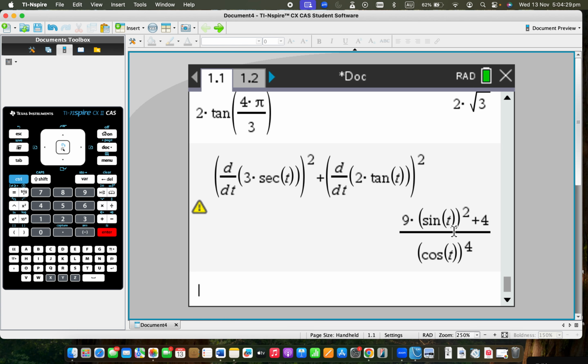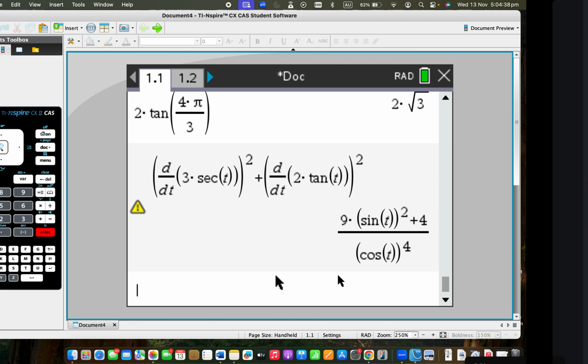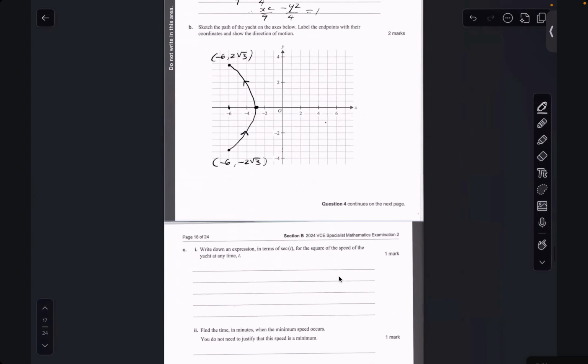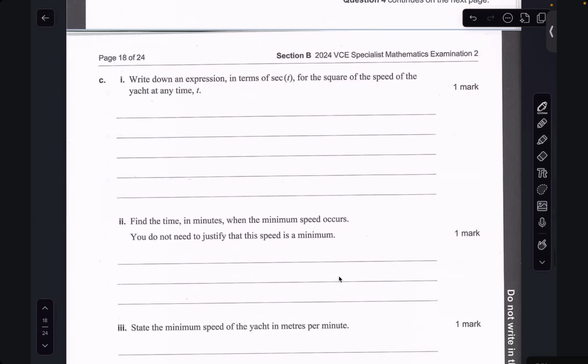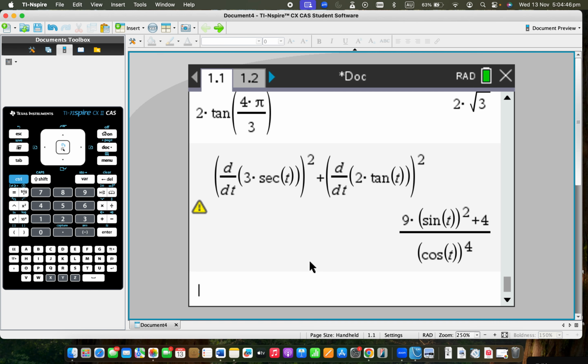Is that right? So the derivative of that and then the magnitude and you square it. So 9 sine squared t plus 4 over cos to the 4 of t.